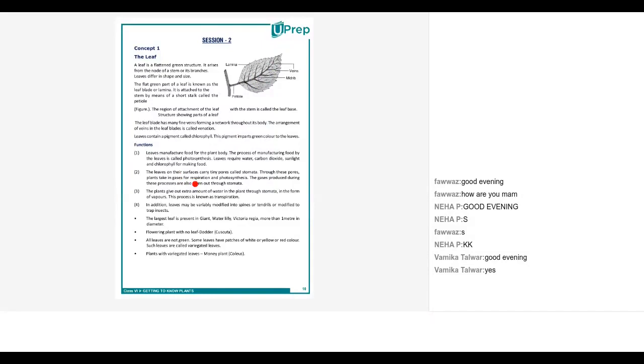Just for example, we have pothos. You know what pothos are? Pothos are a family of the money plant. There are different types of money plants. Some are green in color, some are light green in color, some are green and white in color. Similarly, there are crotons. Crotons have variegated leaves.